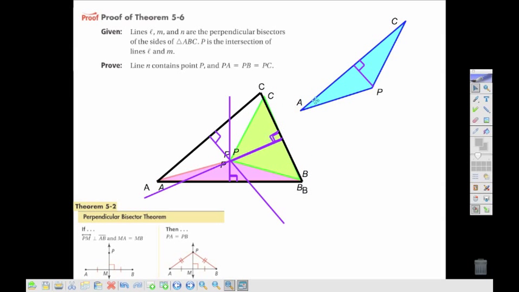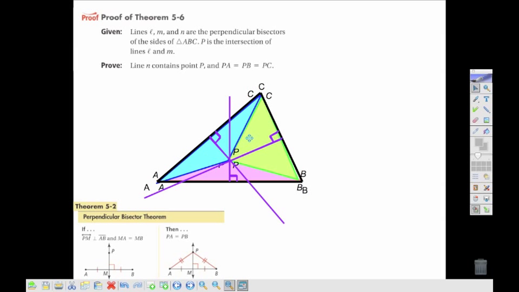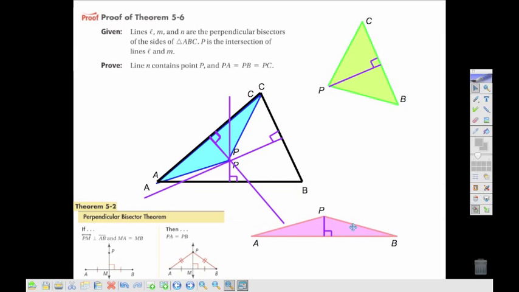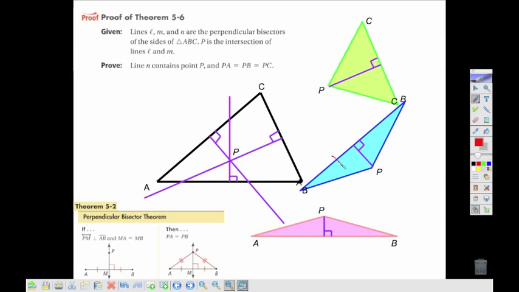So if I bring each one of these together, notice that with all three of those isosceles triangles lining up together inside of the triangle, since each one is an isosceles triangle, because it's on the perpendicular bisector, so in each one of these triangles, we know these are bisectors because that's what was given to us, and therefore we know that each one of these sides would be congruent.